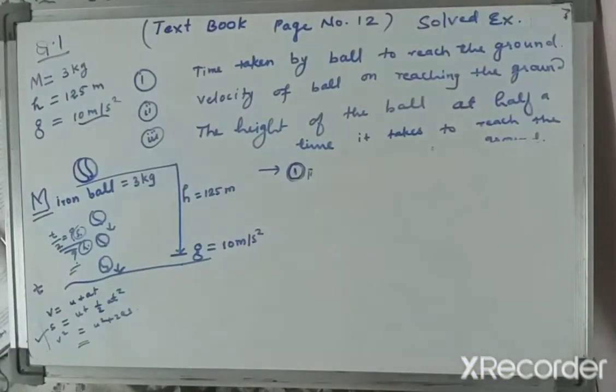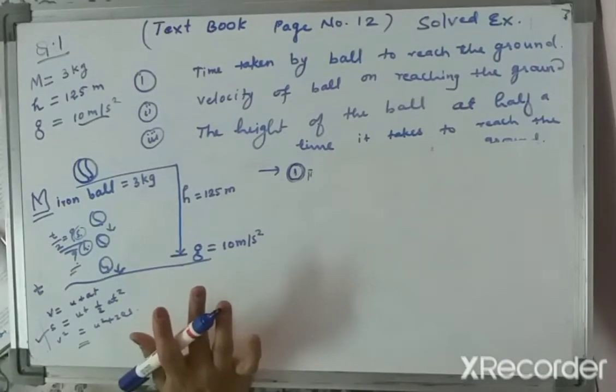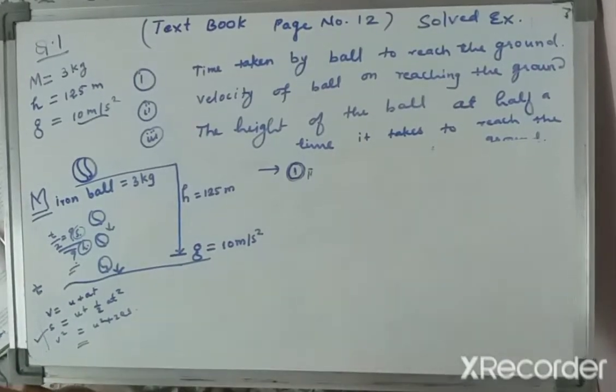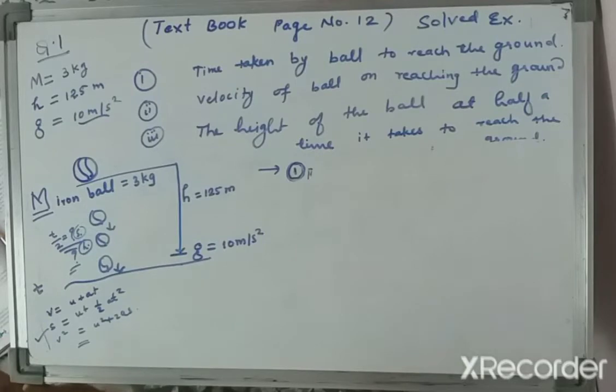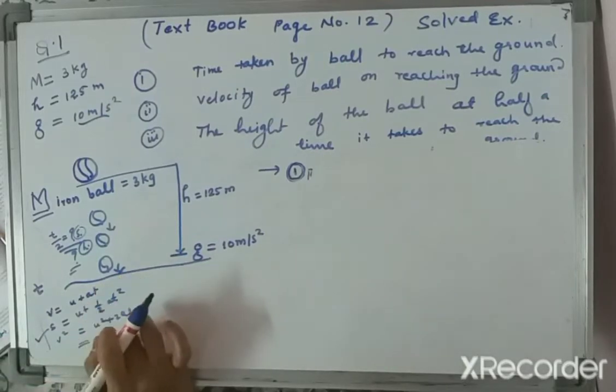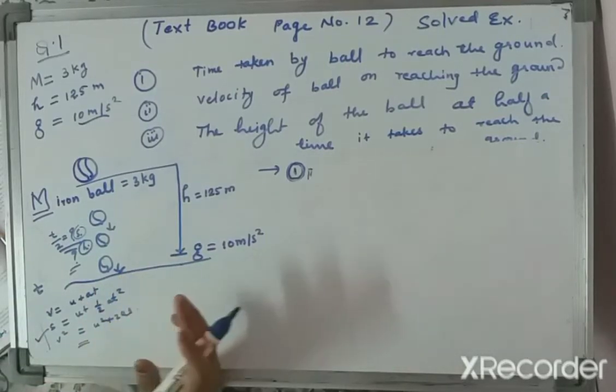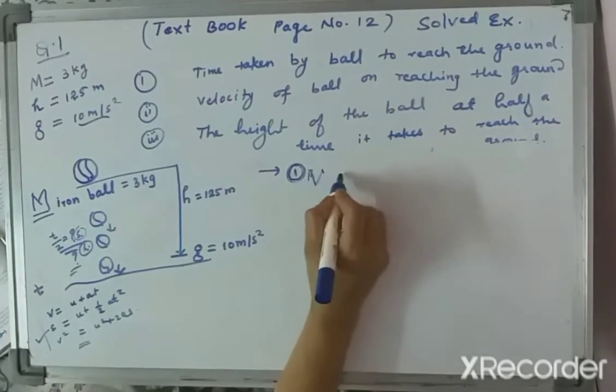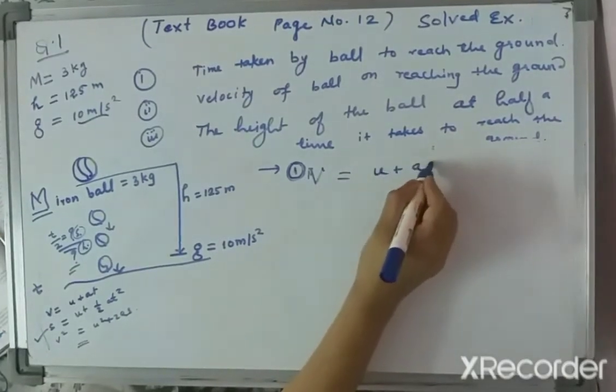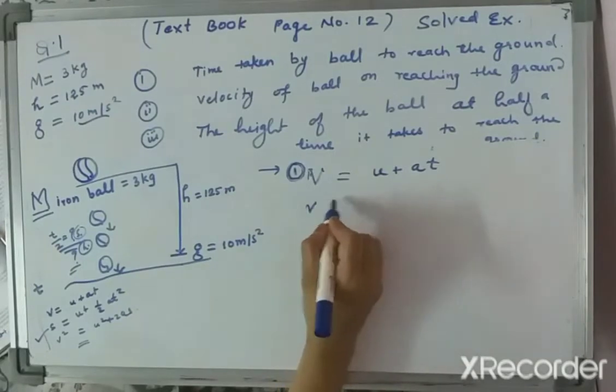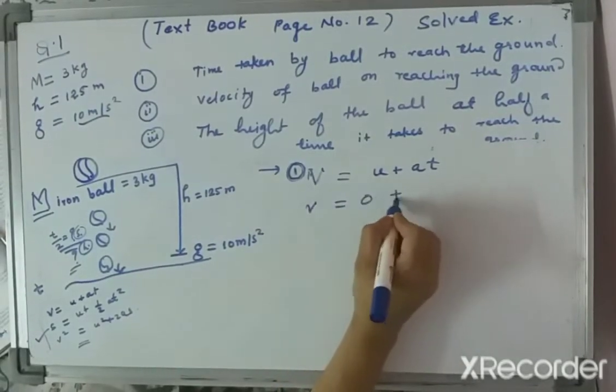In the second question they asked the velocity of the ball on reaching the ground. So here which one will you use? You can use any one, first or last. We will use a simple one. So v is equal to u plus at. We have to calculate. Initial velocity is 0.